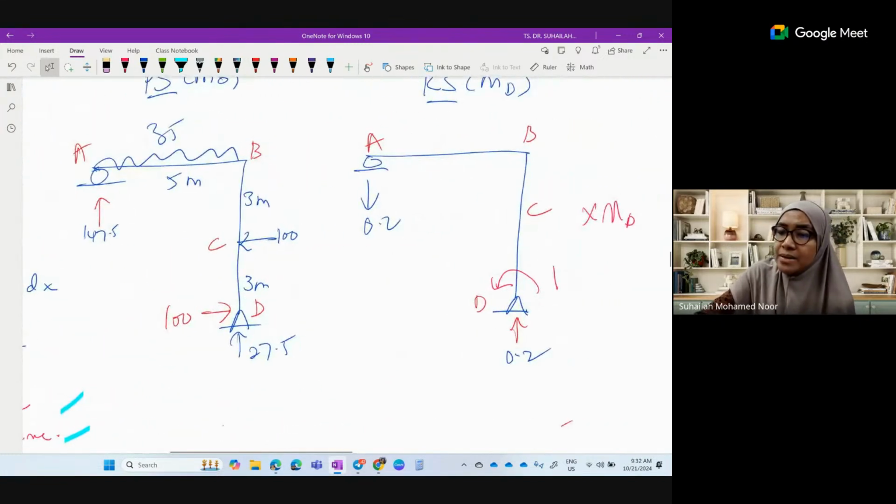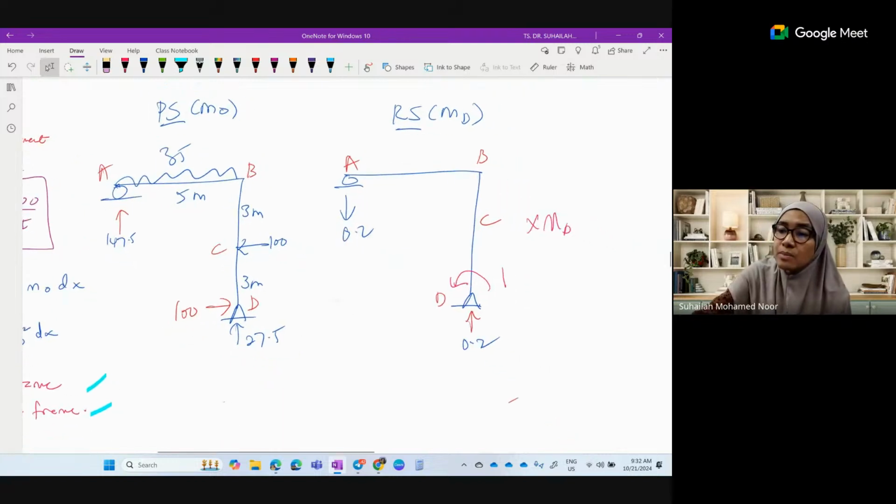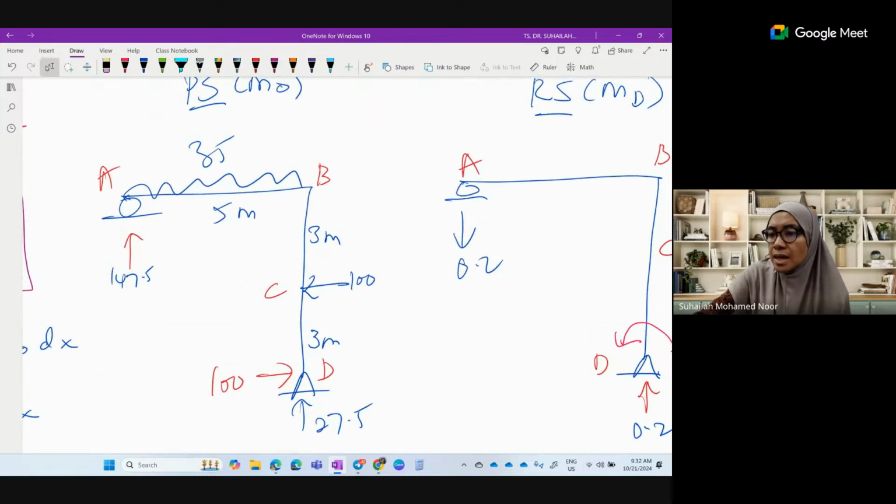Okay, now we've calculated the reaction. So reaction is the basic, the fundamental that you should know. After that, the moment equation. Okay, so when it comes to the moment equation, it goes back to your basic understanding about writing the moment equation, which is where students often make mistakes here. So careful, careful. Okay, so we will look at each cutting section. AB will have one cutting section, right?